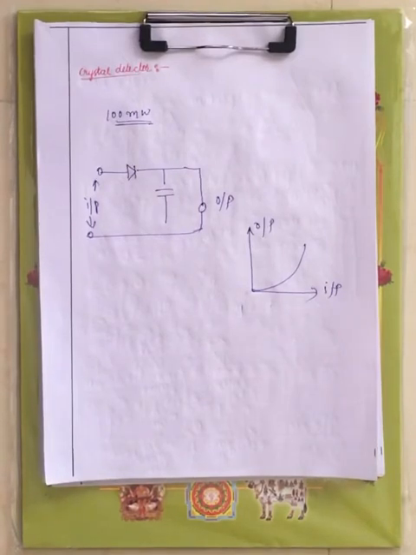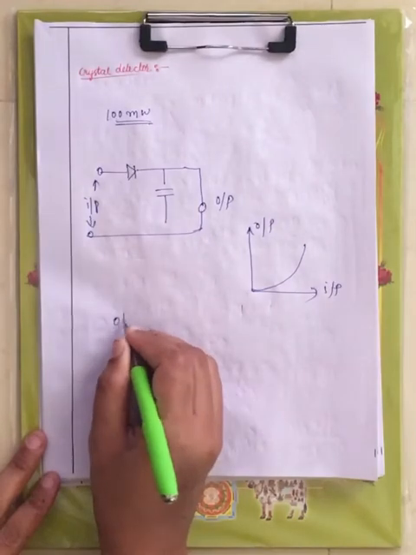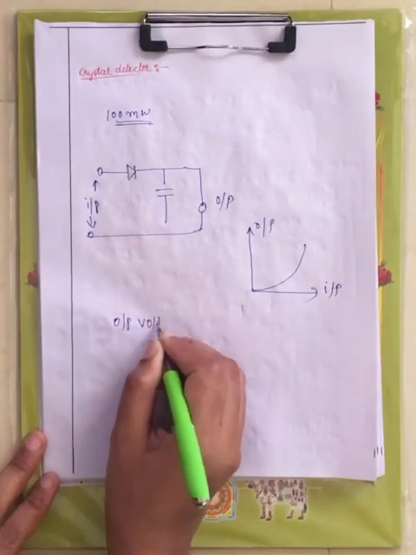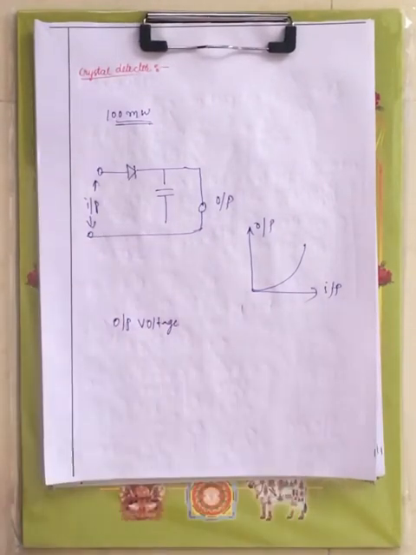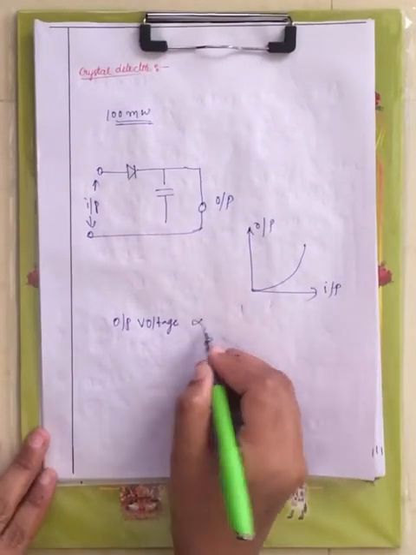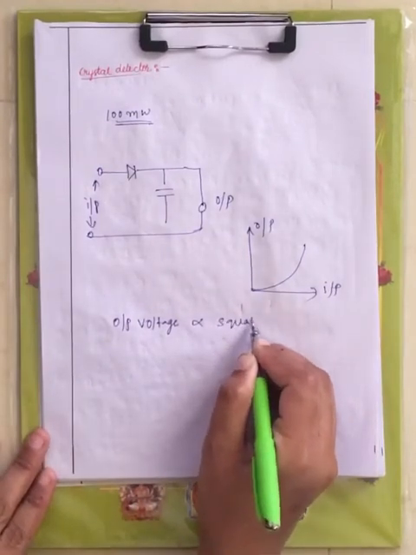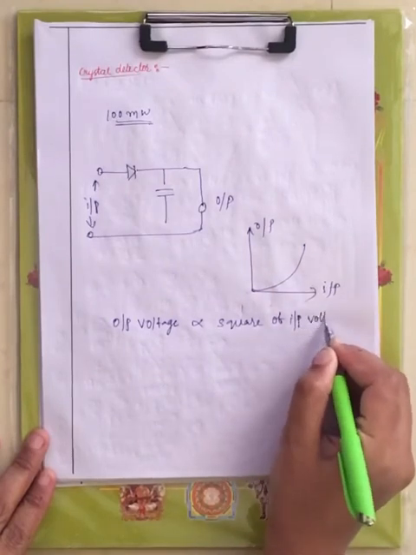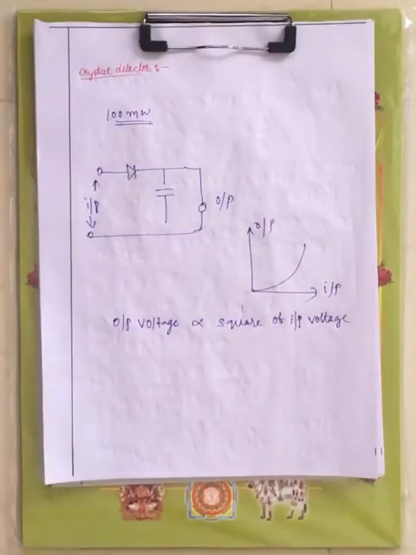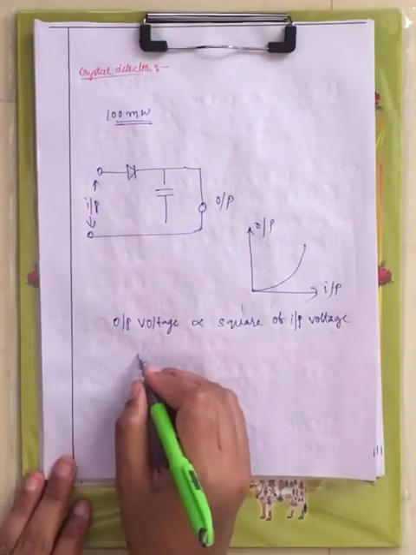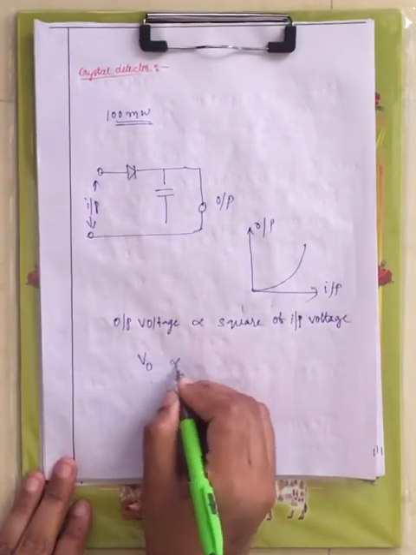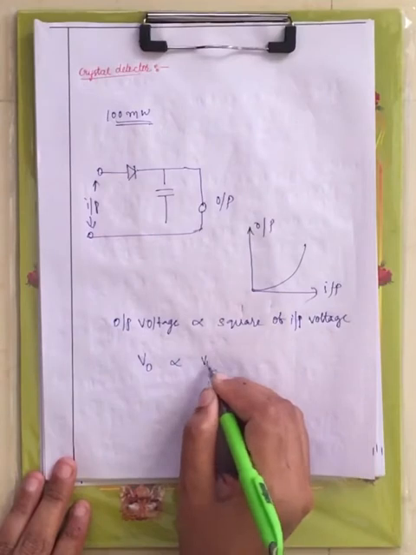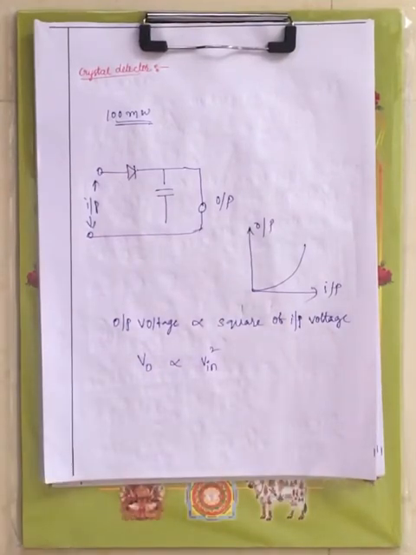These characteristics you have to observe in your lab. Here, since it is a square law device, the output voltage is proportional to the square of the input voltage. Let us denote the output voltage as V naught. This is proportional to the square of the input voltage.